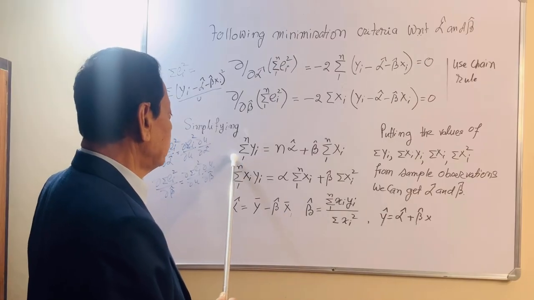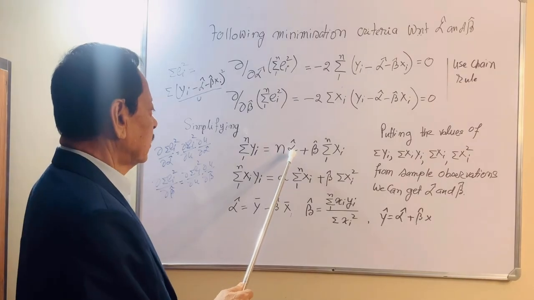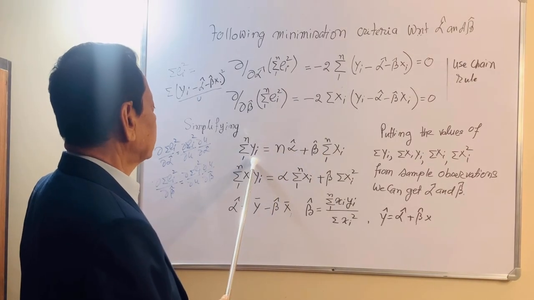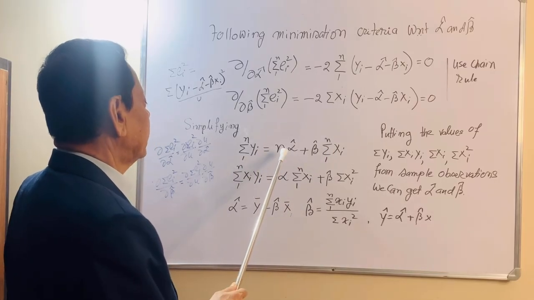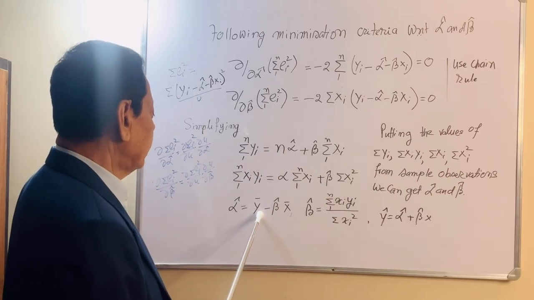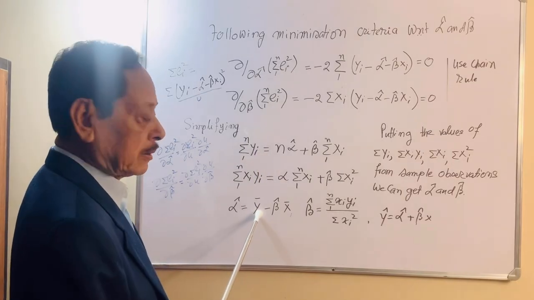So we'll have to remember these two equations. To get estimated alpha, transfer these terms to the left side, minus beta hat summation xi, and divide by n. Then it will be y bar. Summation y divided by n means y bar.